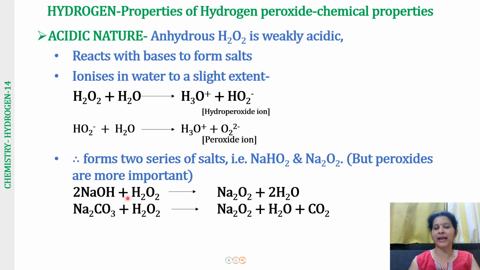So the total reaction, because the peroxides are the more important salts, you can write as 2NaOH plus H2O2. This will form sodium peroxide and water. So we can use hydrogen peroxide for preparing more of the peroxide salts also, right? Similarly, sodium carbonate on reaction with H2O2 will form sodium peroxide, water, and carbon dioxide gas will be evolved, okay?